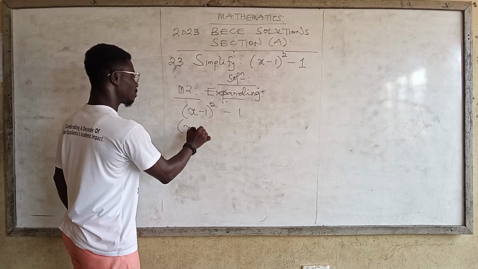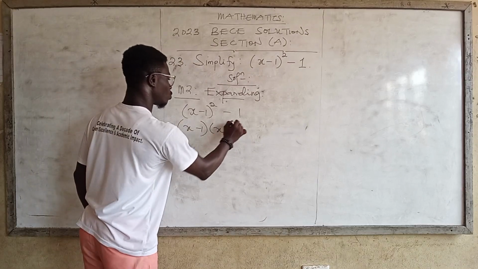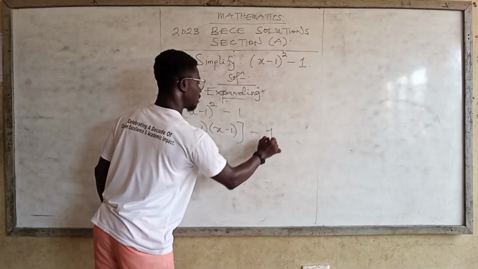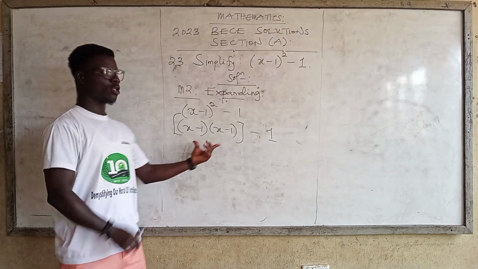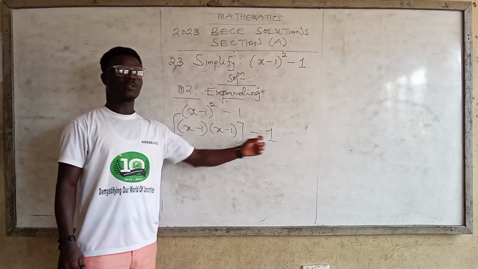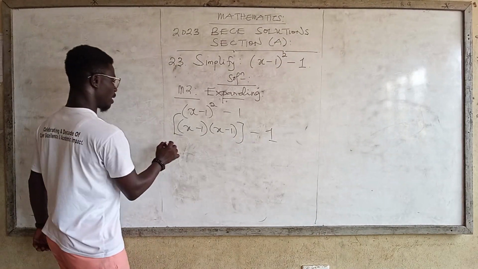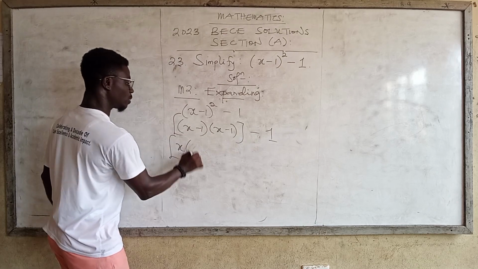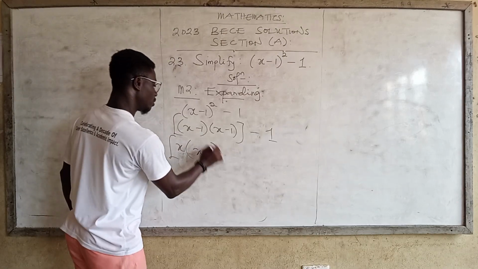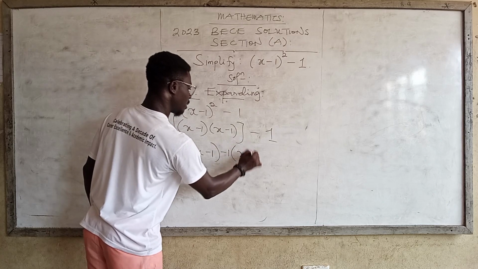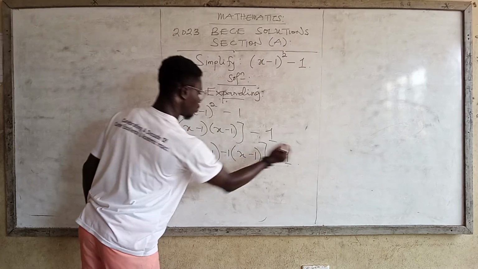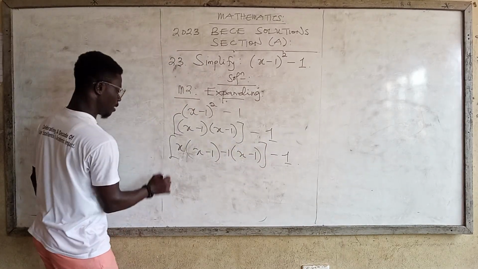So I have x minus 1, x minus 1. Forget about this minus 1. When you are done solving this, then you have touched this guy. So I have the multiplication of 2 binomials, then minus 1. Now we expand.